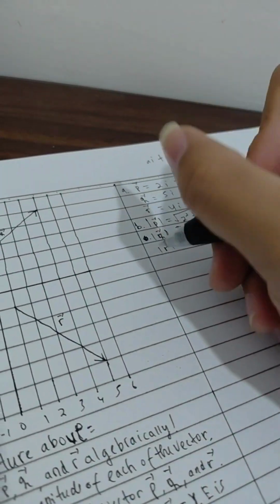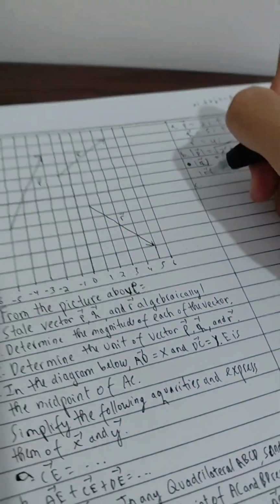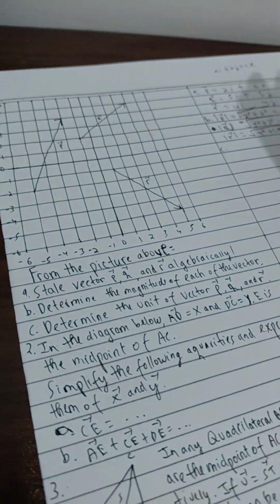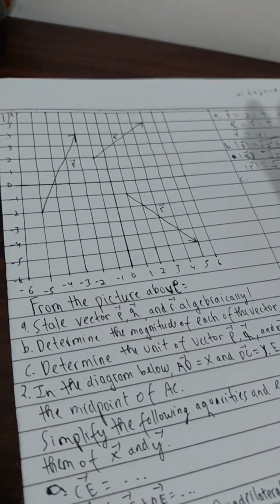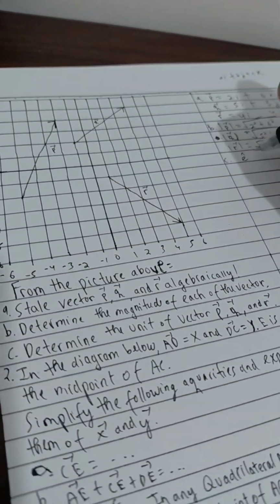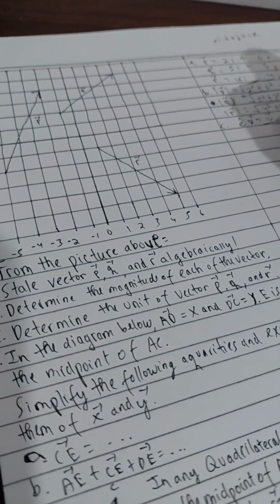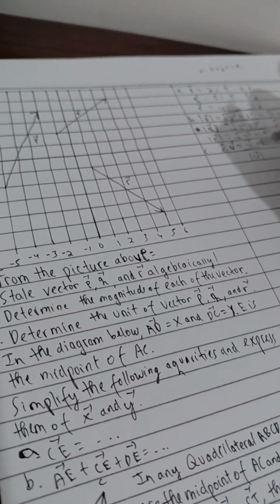Okay, the next is C. Determine the unit vector of P, Q, and R. The formula is e_u.